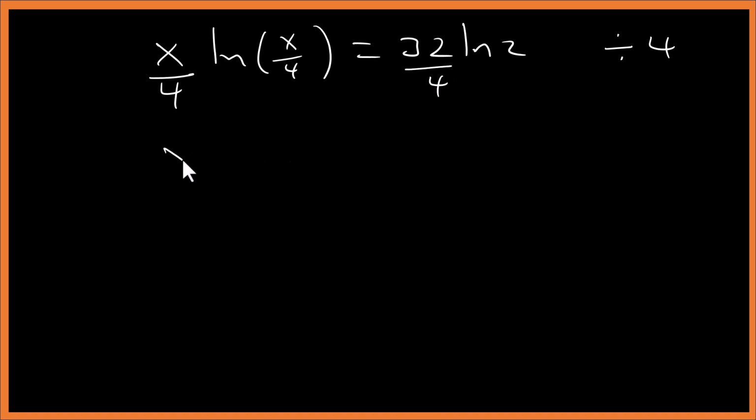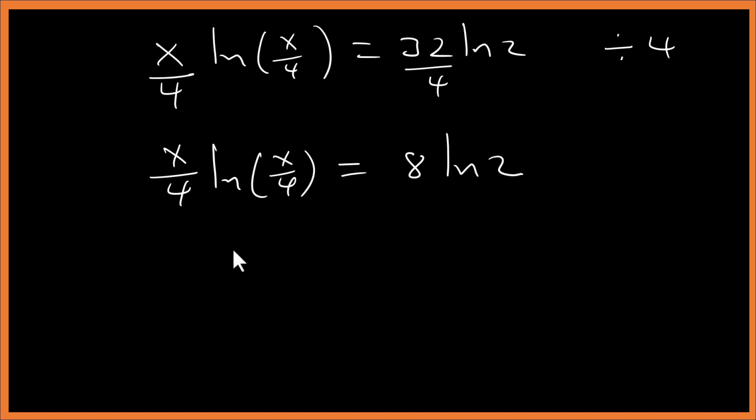So that will be x over 4 ln of x over 4 equals 8 ln of 2. Now, because this side is the same form as that side, let's make this side equal to this side. As simple as that.